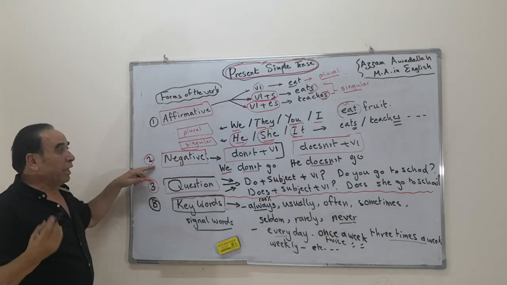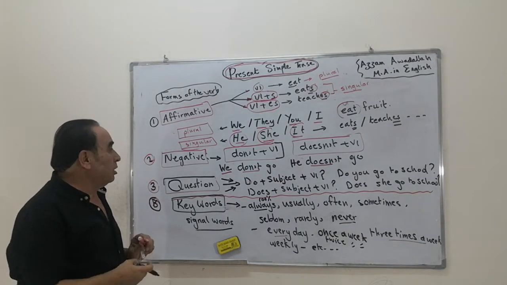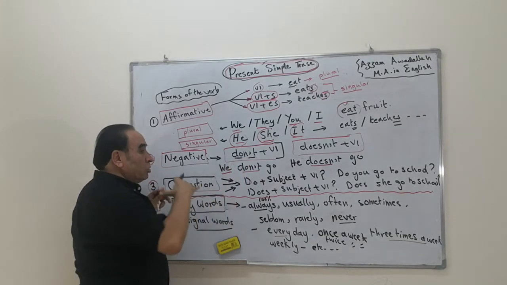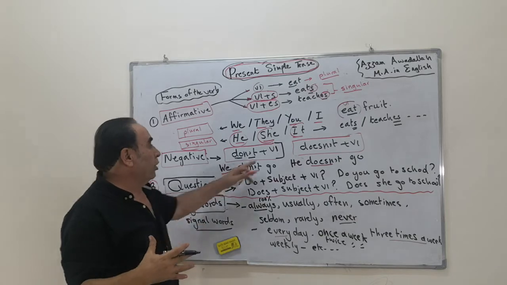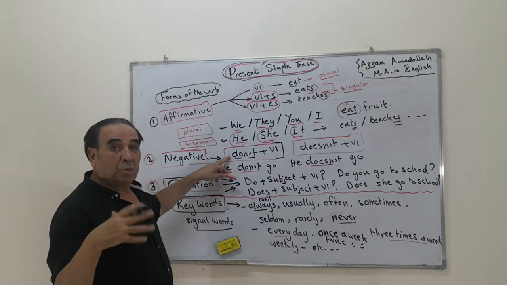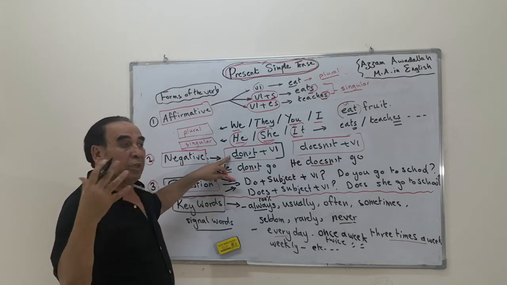Now let's come to the negative. How do we make the negative in the present simple? It's easy. We use do with not. So we say do not or don't with verb 1. This do, don't shows the plural, more than one.